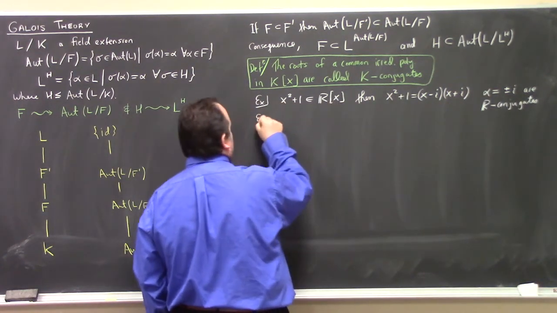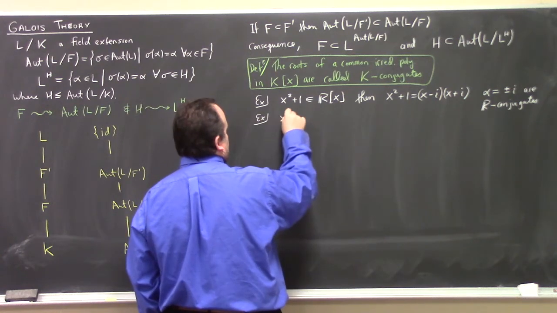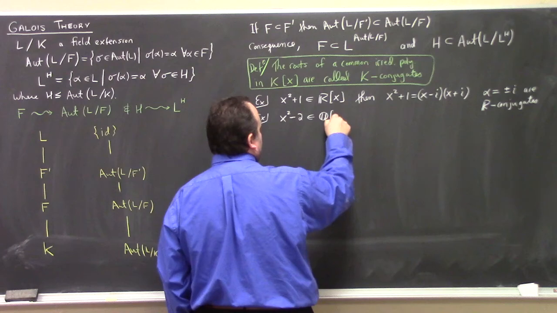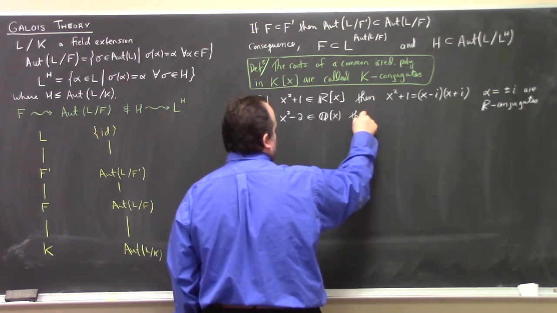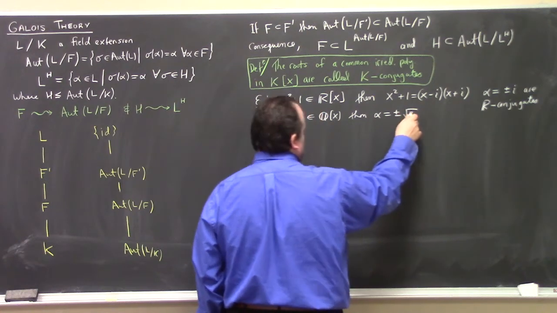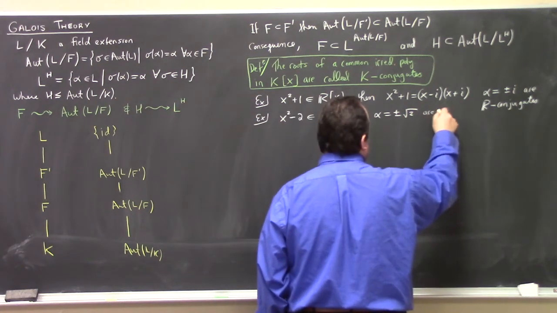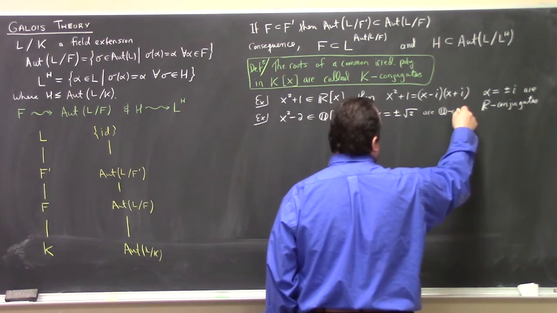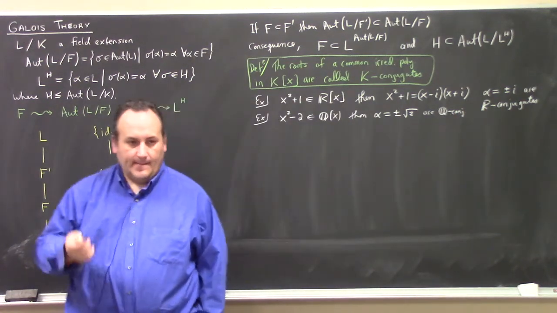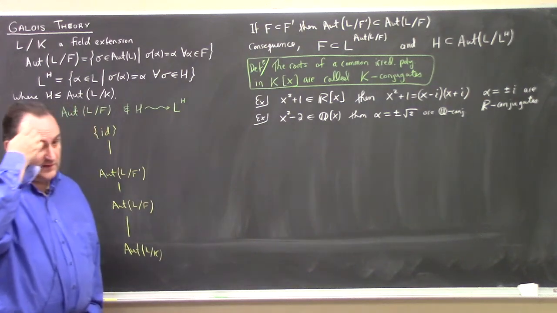Another example, if you had x squared minus 2 over, say, Q, then alpha equals plus or minus square root of 2 are Q conjugates. All right, those are Q conjugates.